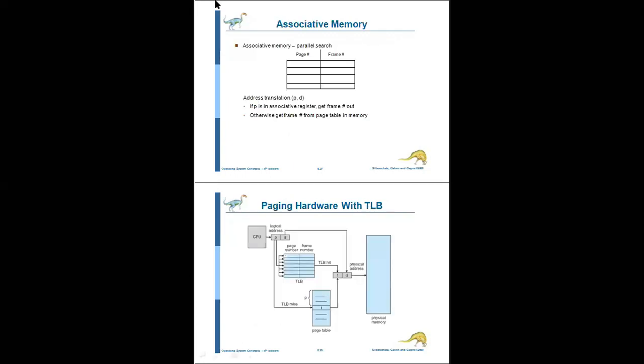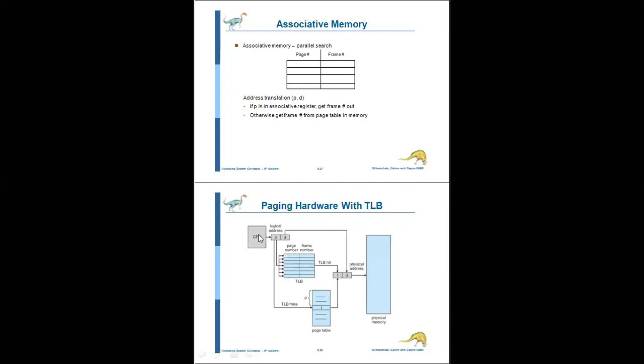Here this is the associative memory, that is the TLB, holding pages and frames.